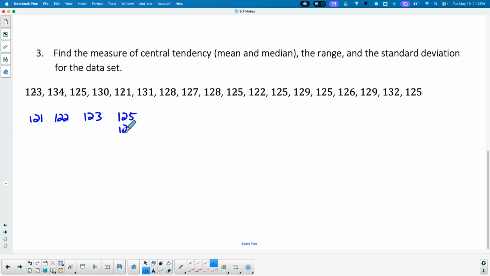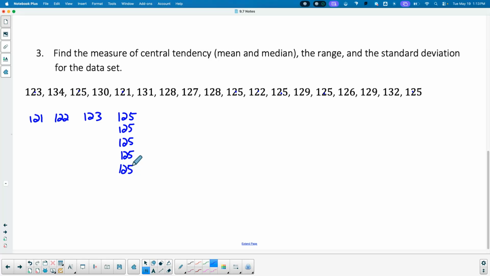There's a 125. There's a 125. There's a 125. And there's a 125. I don't see any 126s.